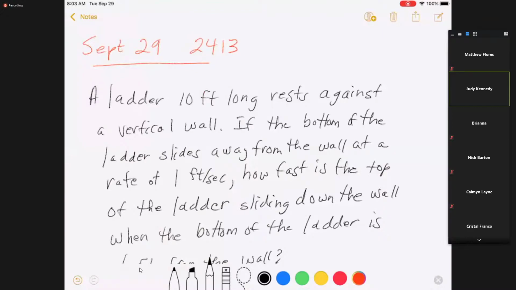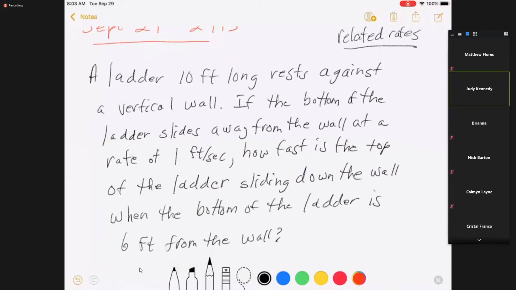Okay, so we're still talking about related rates. And here's a problem. This is the ladder problem. A ladder 10 feet long rests against a vertical wall.